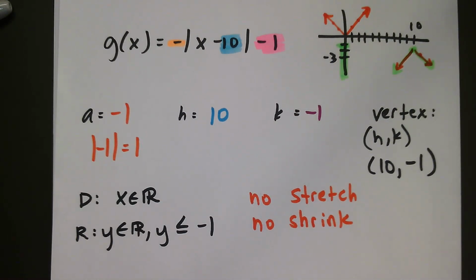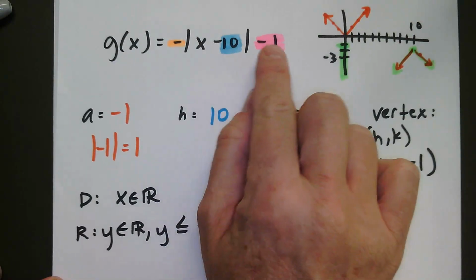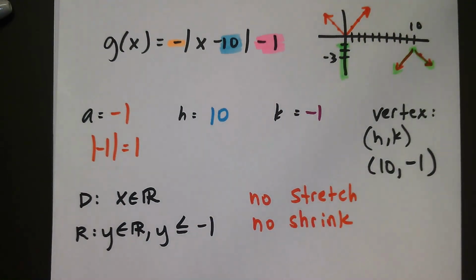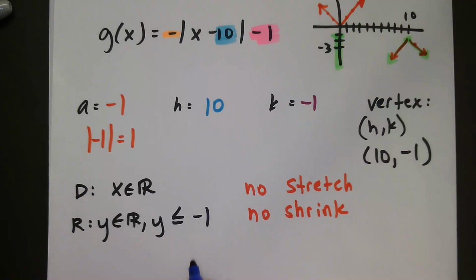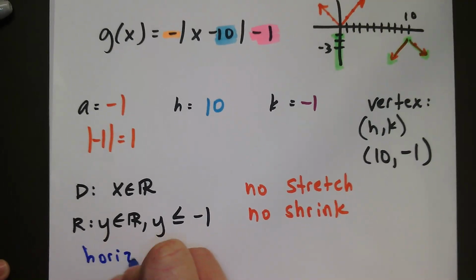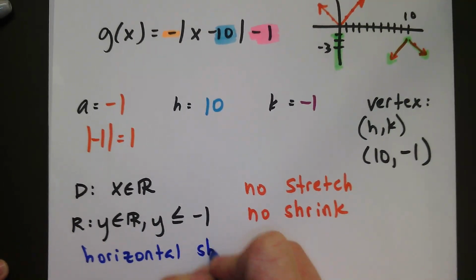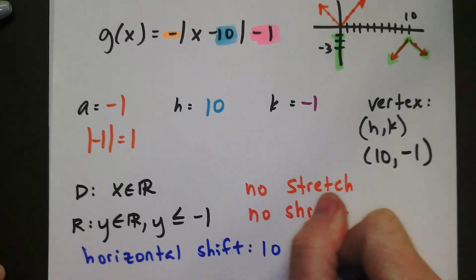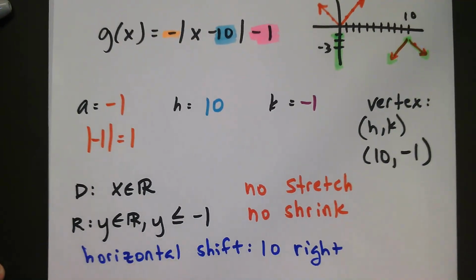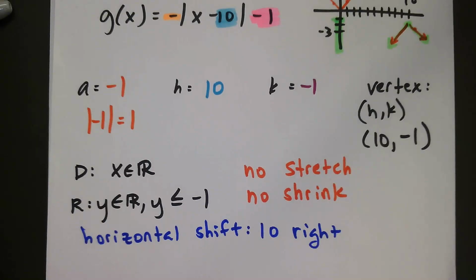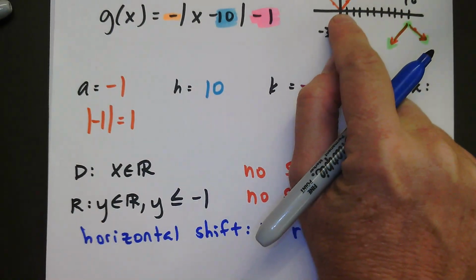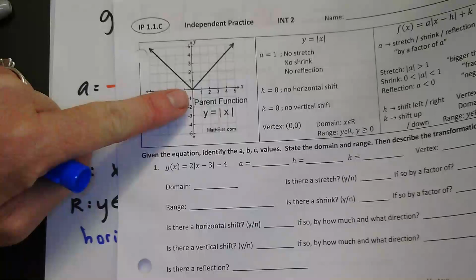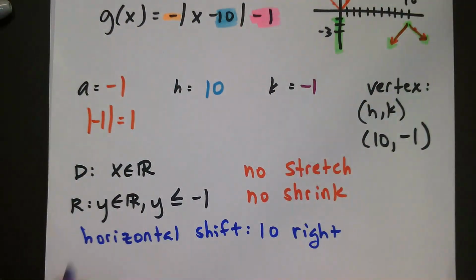Vertical shift and horizontal shift have to do with the h and the k values. We already talked about that to get to the vertex. So we are going to have a horizontal shift, and that is going to be 10 units to the right. We are also going to have a vertical shift, because the vertex was originally at the origin with the parent function, and it's now had to shift down as well.